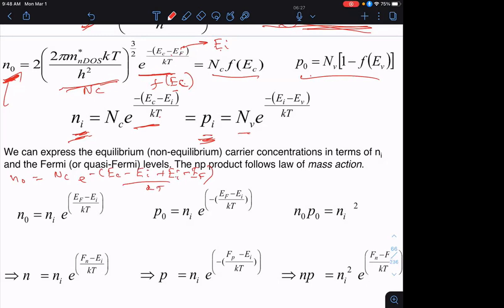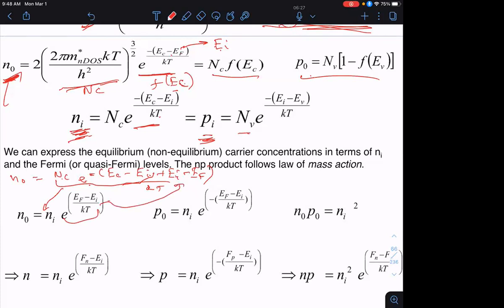But then I group these terms differently. So this term over here, NC e to the power minus (EC minus EI) over KT, is nothing but NI. So I rewrite that part as NI, and what's left over is e to the power (EF minus EI) over KT, or minus (EI minus EF) over KT. So that's the second term over here, okay?